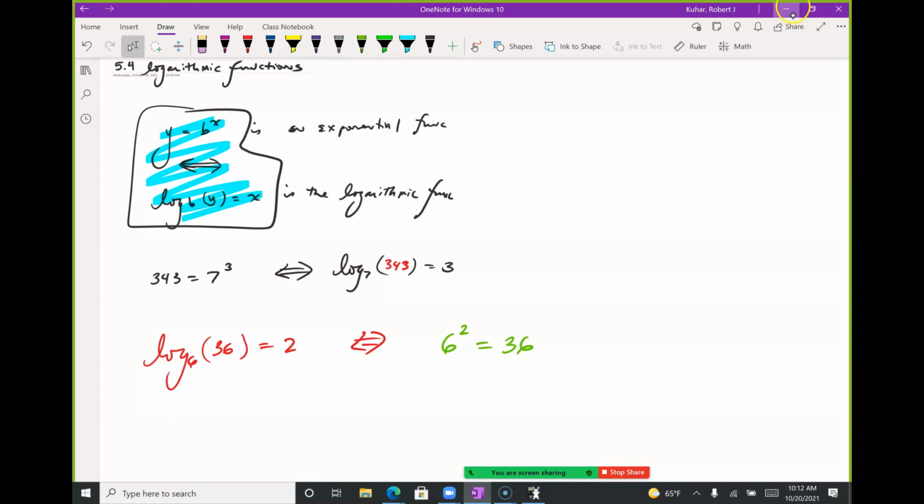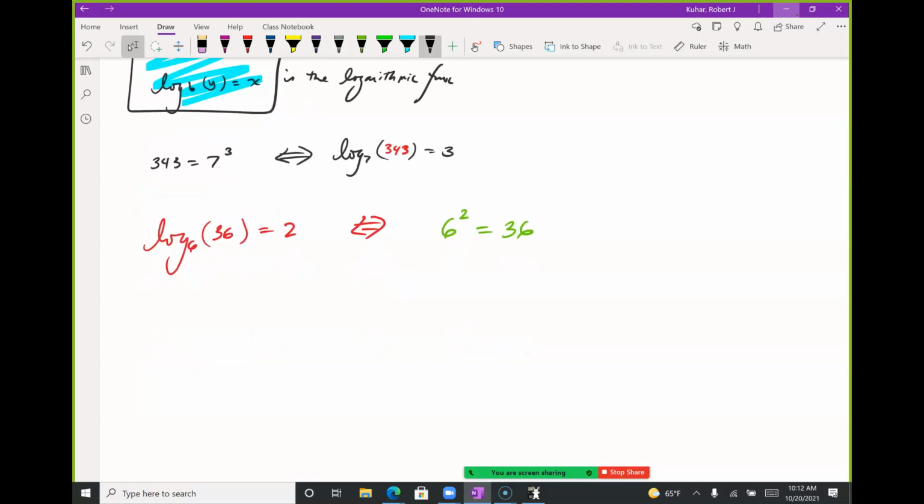Now, there's a bunch of special bases for logs. If I say log base 10 of x, that's the same as just writing log of x. So base 10 is very special to us, obviously, 10 fingers. So instead of writing log base 10, we just write log.